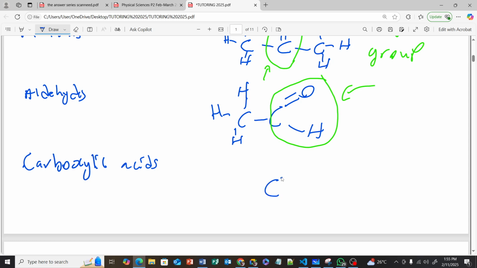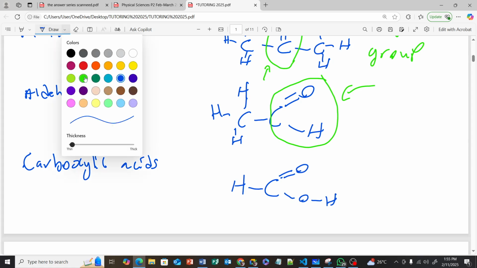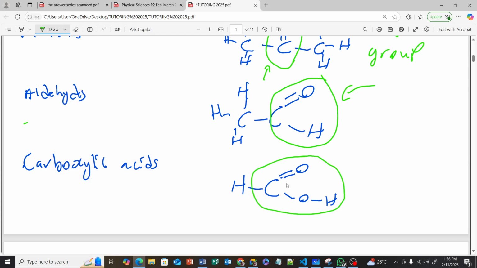It has a double bond O and an OH in it. Now the functional group of a carboxylic acid is this one. That is the functional group of a carboxylic acid. If you look properly, it has both a carbonyl and a hydroxyl group.